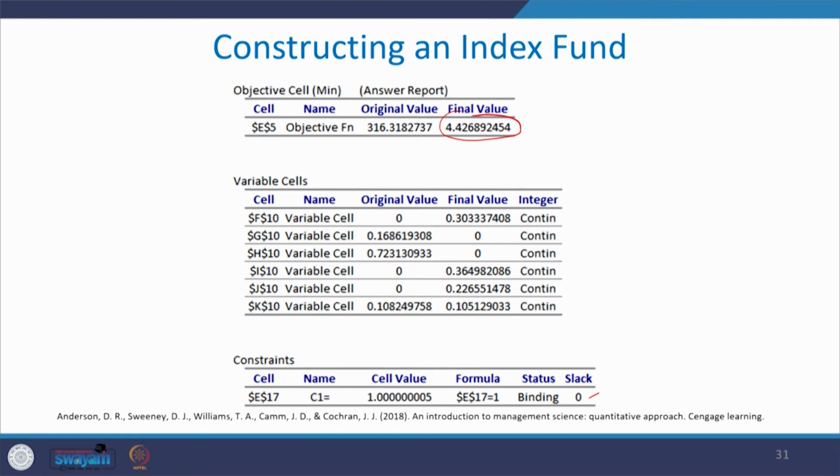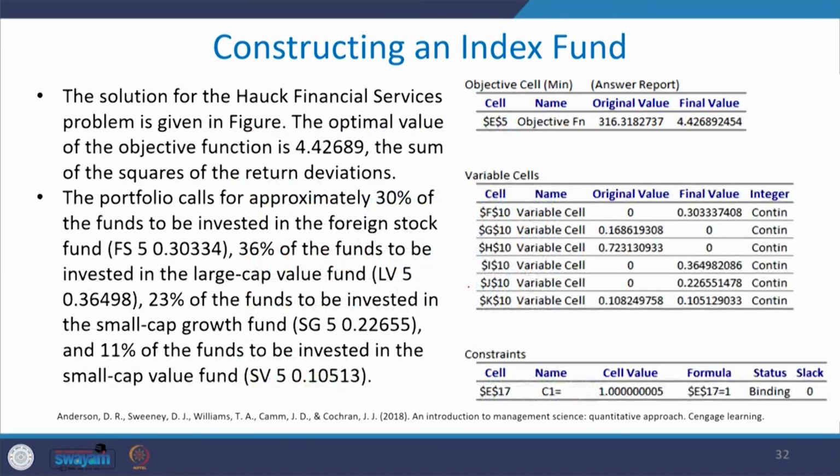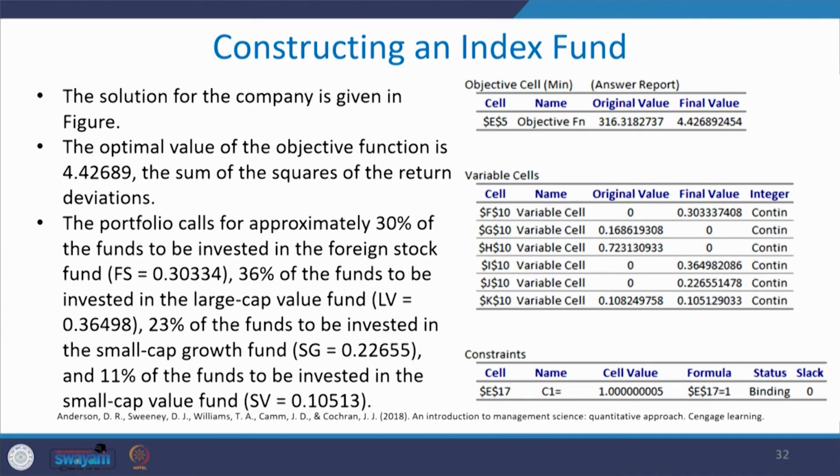We are getting F10 as 30%, 36%, 22% and 10%. The solution for the company is given in this figure. The optimal value of the objective function is 4.42, that is the sum of the squares of return deviations.